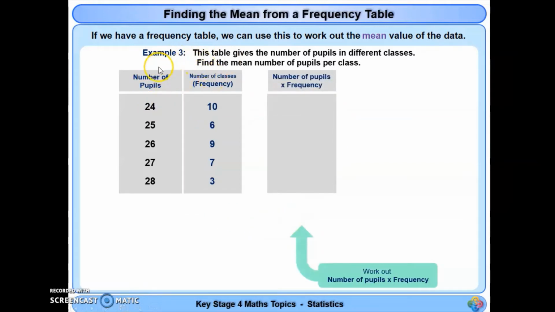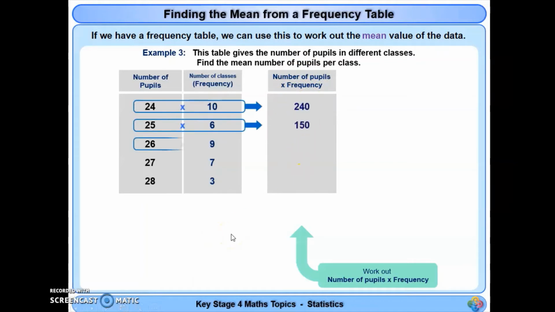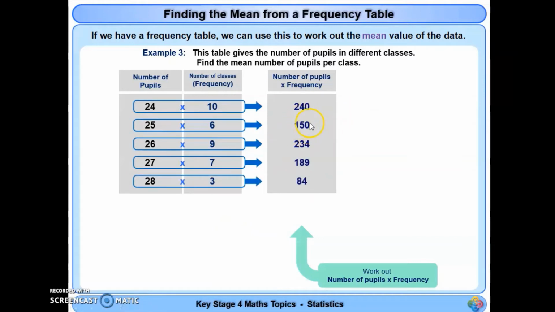X times F, or number of pupils times frequency, to give us a title of our third column, number of pupils multiplied by frequency. Then I'm going to go ahead and fill in these values by doing some multiplications. This 150 represents that there's 150 pupils in these 6 classes.